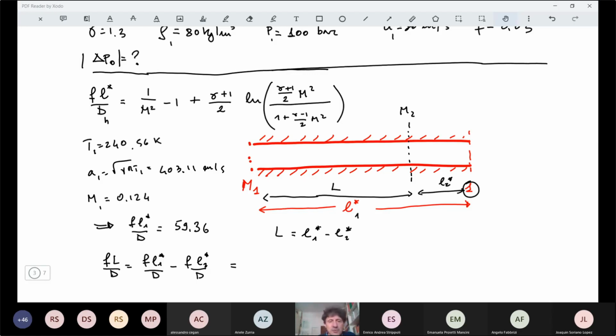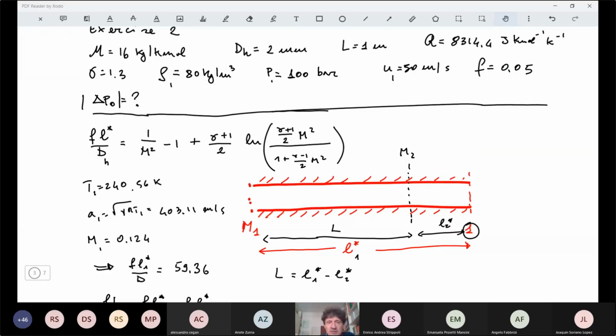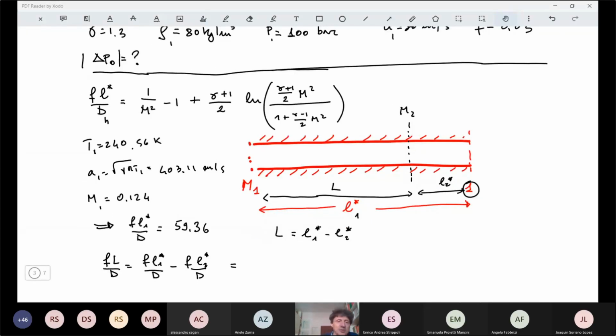Of course, F is 0.05, 1 meter over the diameter of 2 millimeter, which is 1,500, and so it's 25.